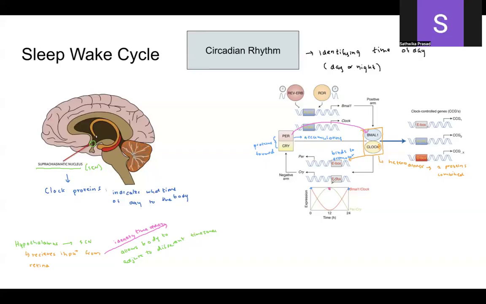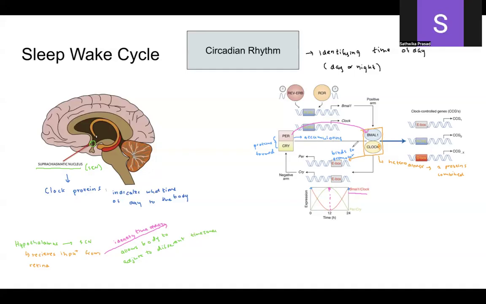You can see that the peak of PER and CRY expression occurs near midday. That is also when the expression of BMAL and the clock genes tends to come to a stop. So you can see that simultaneously, as the expression of PER and CRY is increasing, the expression of BMAL and the clock proteins is decreasing as the accumulation is stopping the activity, right?